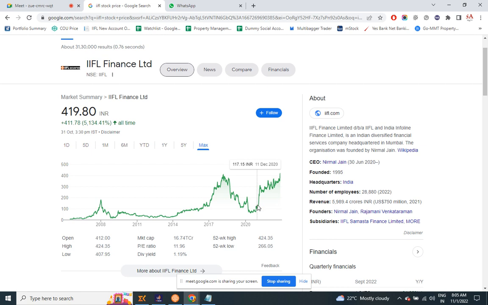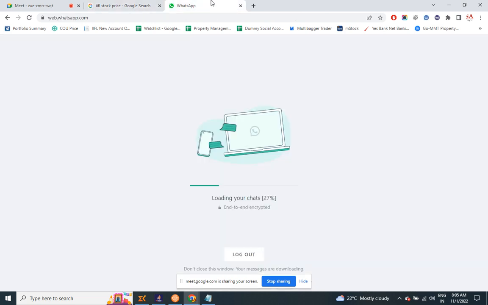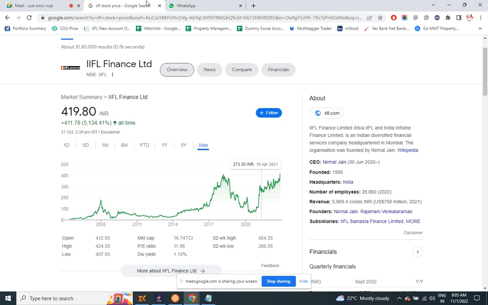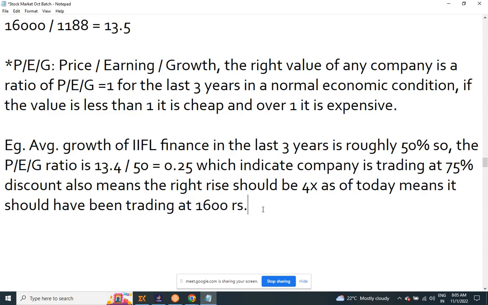We recommended somewhere here. We bought it at the bottom. Okay, in my WhatsApp group if you see the recommendation. Till this loads, write down the next two ratios.